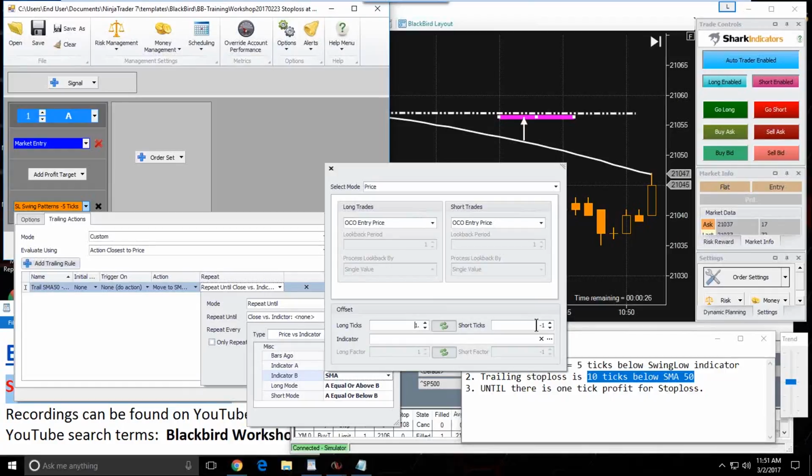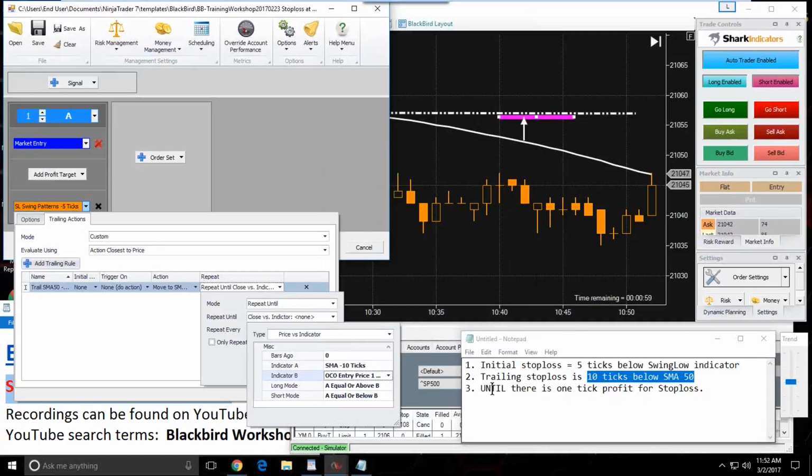And of course, for a short trade, it's going to be minus 1 tick. As I drew on the chart, you can see the entry price line, the dash dot dot, and the red line that represents the stop loss is one tick below the entry price line. So for a short trade, it's minus 1 tick there.